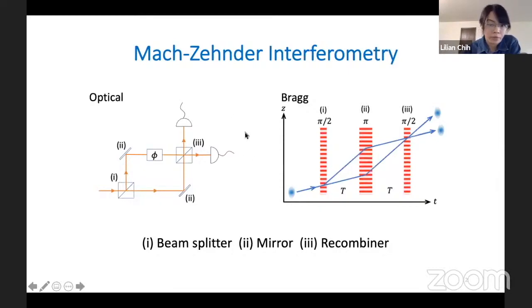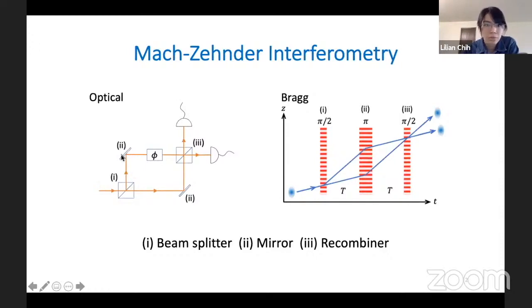So let's start from the basics of interferometry. The most common type of interferometry is the so-called Mach-Zehnder Interferometry. In the optical version, there's typically a beam splitter that splits the light field into two paths.